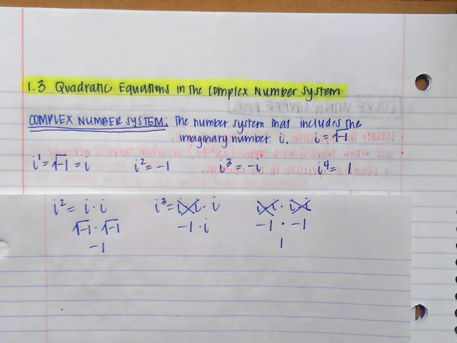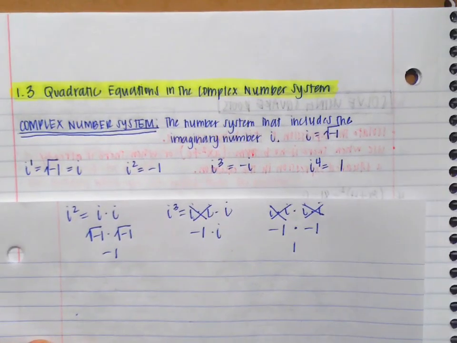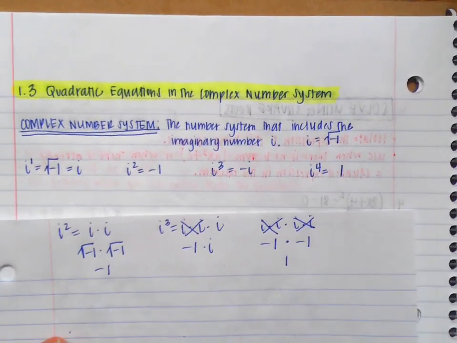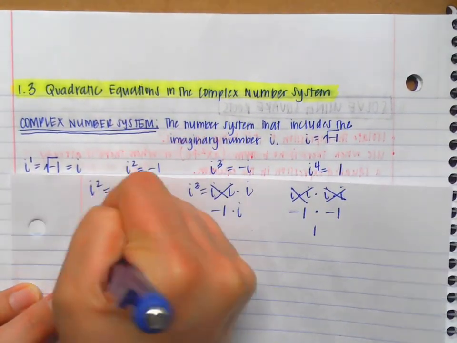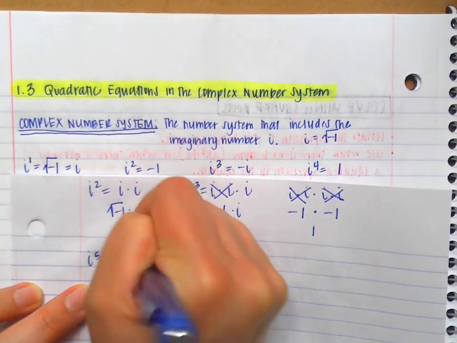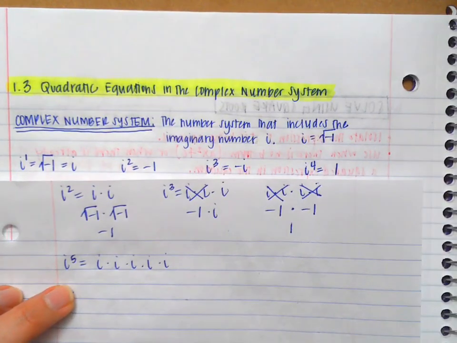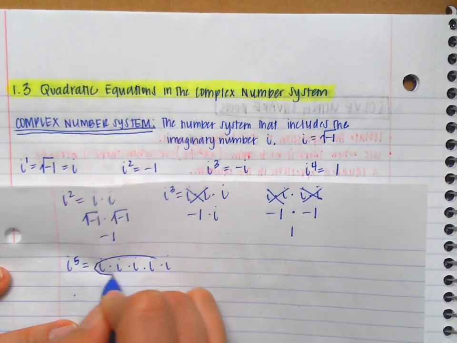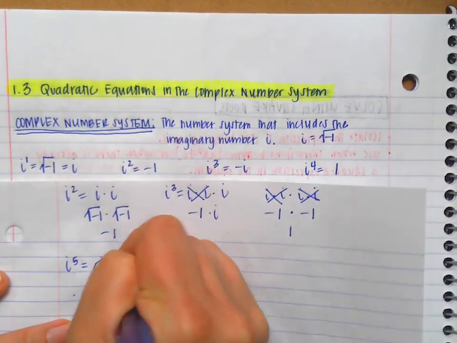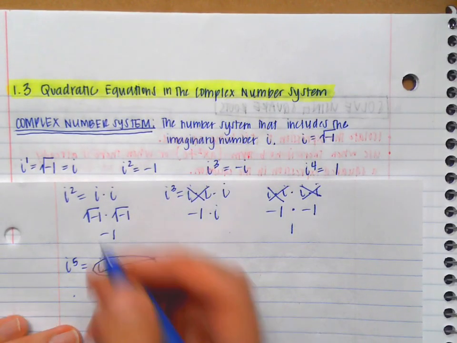Now, on the separate piece of paper, I'm going to keep going with i to the fifth and a few others, but I'm not going to write it on my notes page right now. I'm just going to show you on this for right now. So i to the fifth would be i times i times i times i times i. Well, we know i to the fourth is 1, and so i to the 5th becomes 1 times i, which is i.